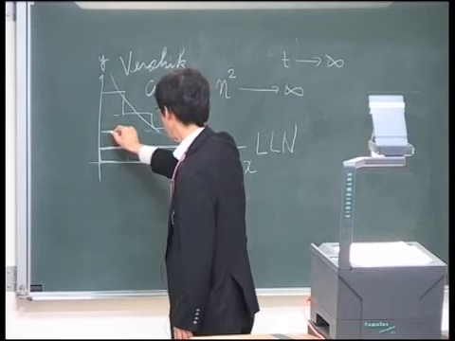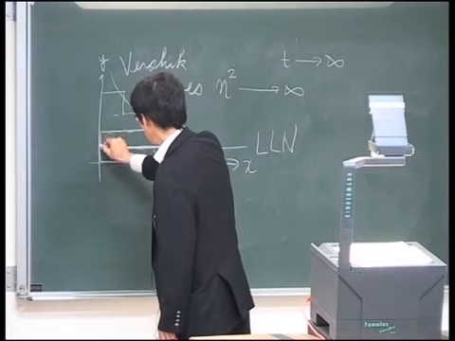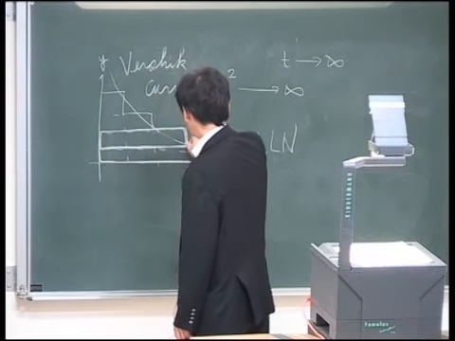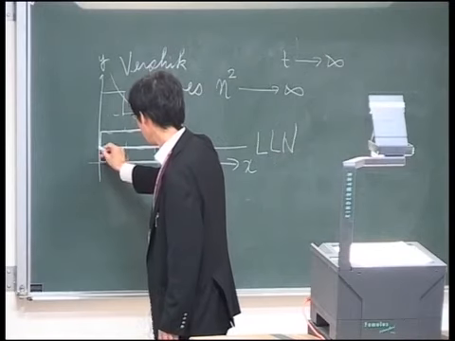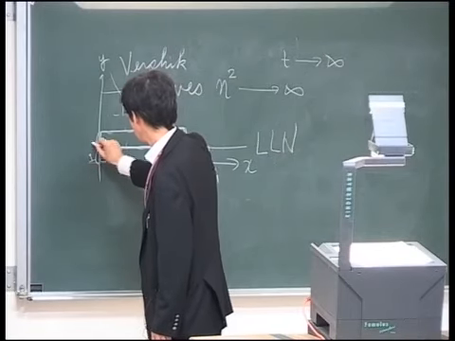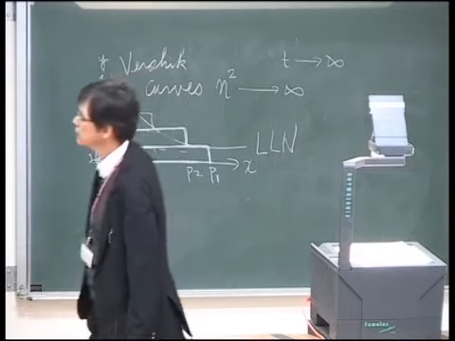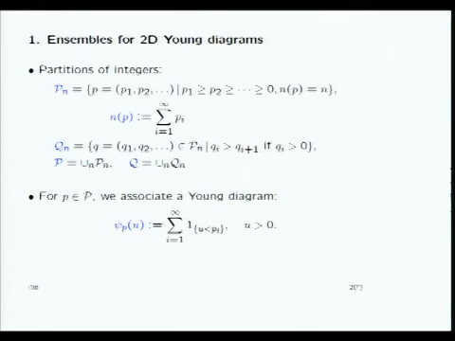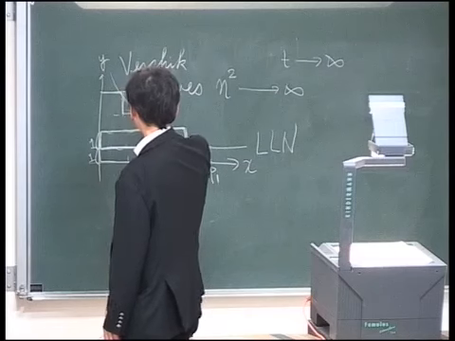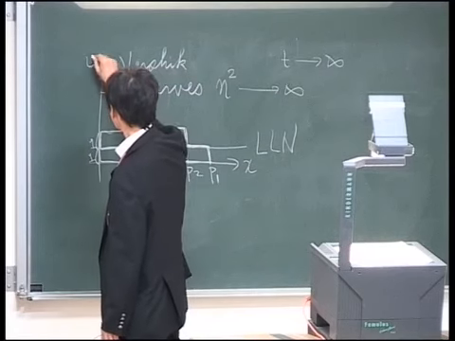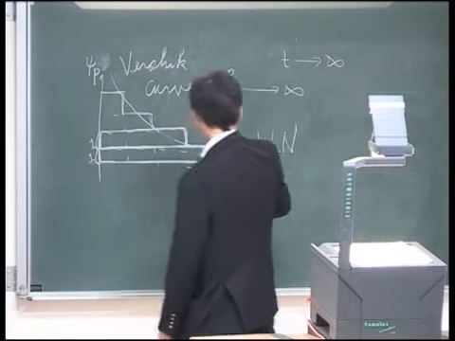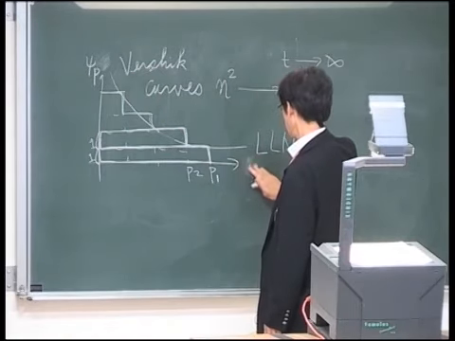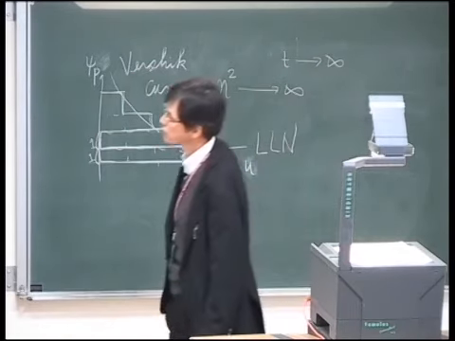Then you pile up the next one with height 1. You continue this way, and then you get the Young diagram. I call this Young diagram psi p, and instead of x, I call this variable u.